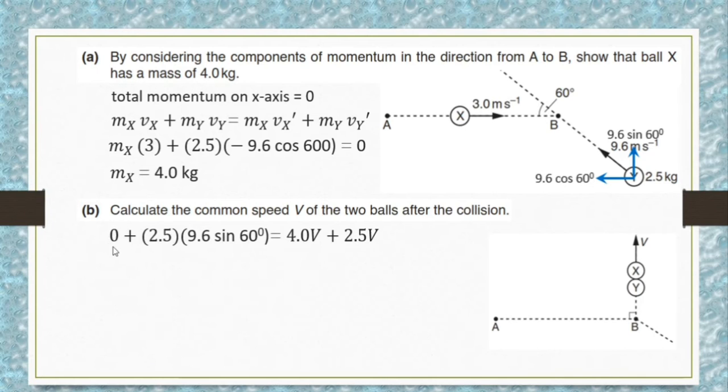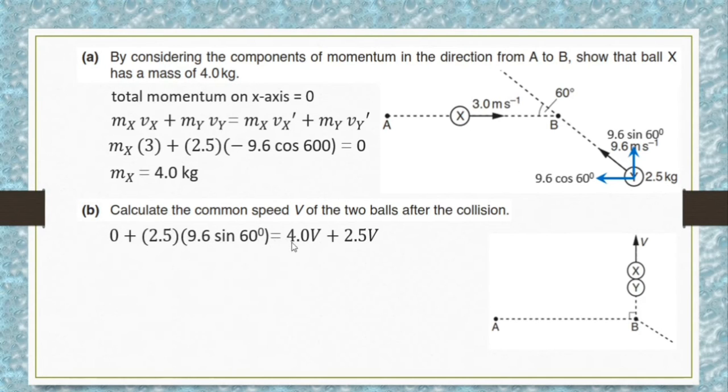Mx vx is 0 because initially there is no vertical component of velocity of X, so there is no vertical component of momentum of X. But there is a vertical component of momentum of ball Y. So this is mass times the y component of velocity, 9.6 times the sine of 60 degrees.